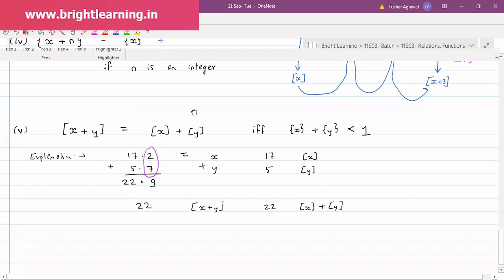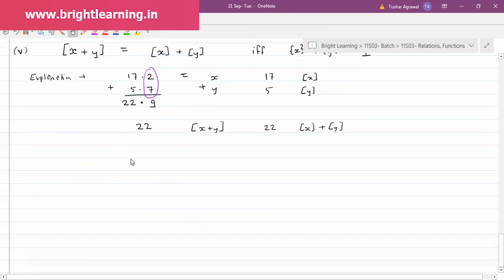Now, if I give you a second example, for example, let's say 17.3 and 5.8. Now do x plus y, step x plus step y. So my step x is 17. My step y is 5.